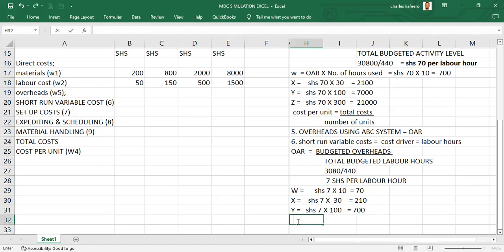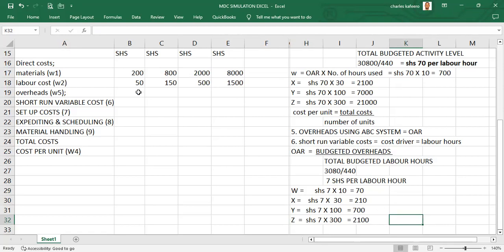For product Z, it is 7 shillings per hour, multiplied by the number of hours, which are 300 hours, and this will give us 2,100. These are the figures that we are going to be taking up.